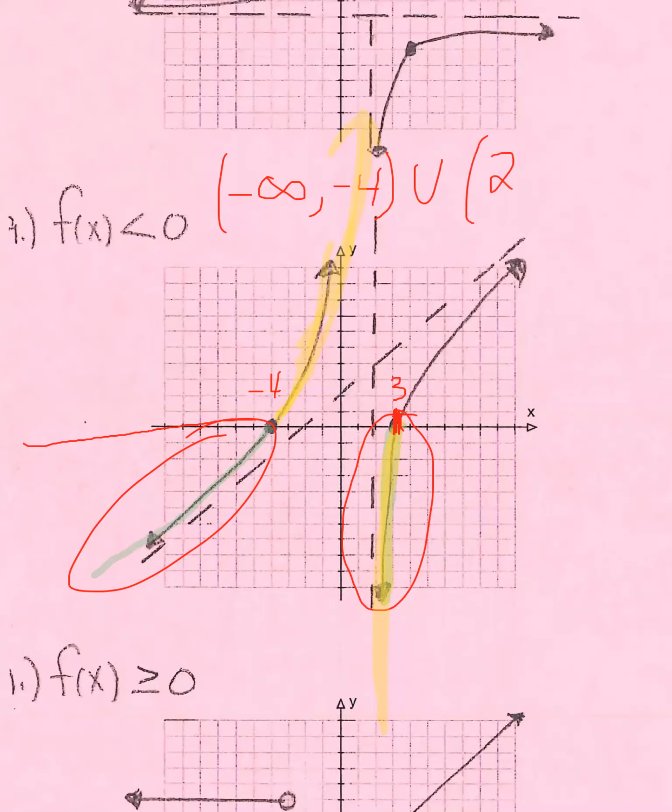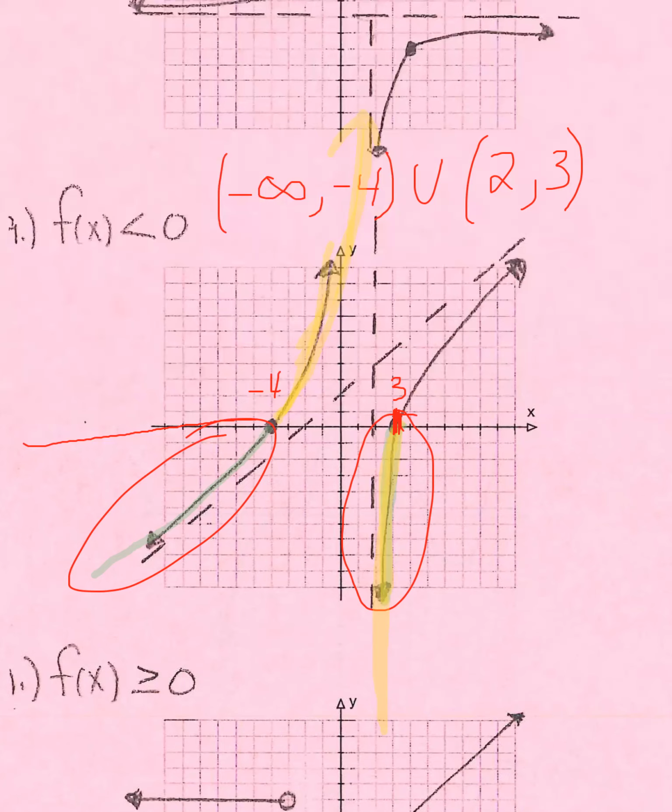So I'm going to use an open parenthesis. So from 2 all the way to 3, that includes everything that's in this little branch down here, if you will. And then at 3, I'm going to use another open parenthesis because I don't actually want to include 3, because at 3 it's equal to 0 and I want less than 0. Hopefully that makes sense.